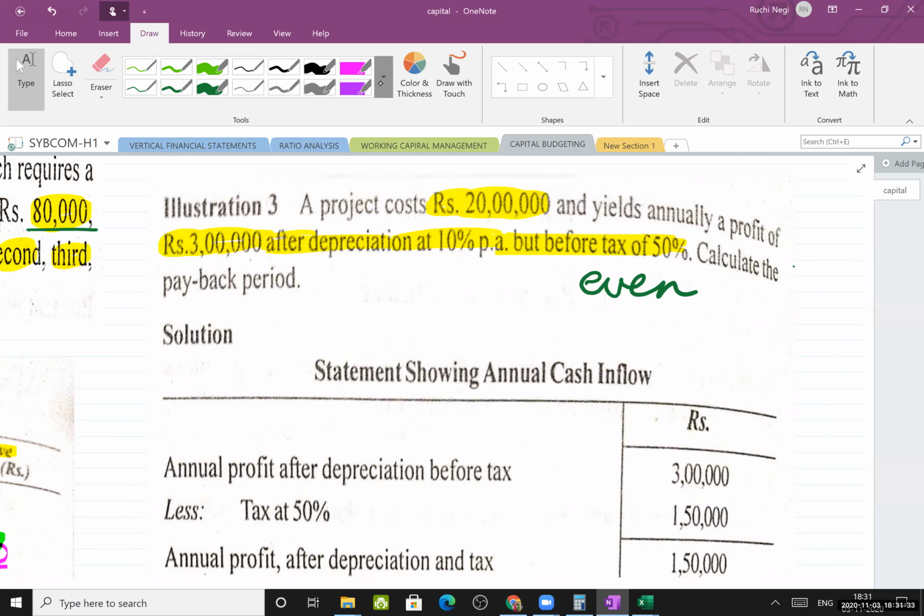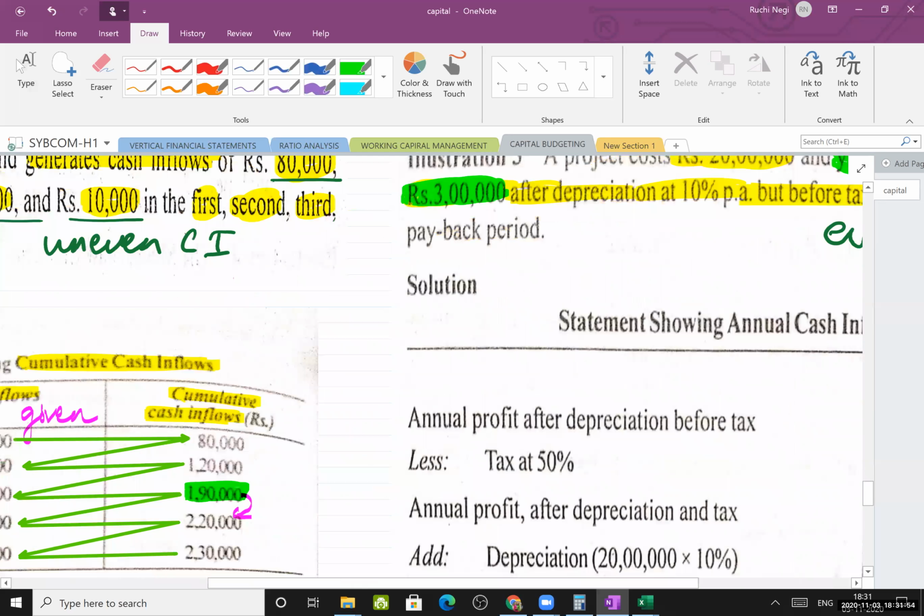Because of this word: it yields annually a profit of 3 lakhs. So there's no 3 lakhs, 3 lakhs, 3 lakhs like this.